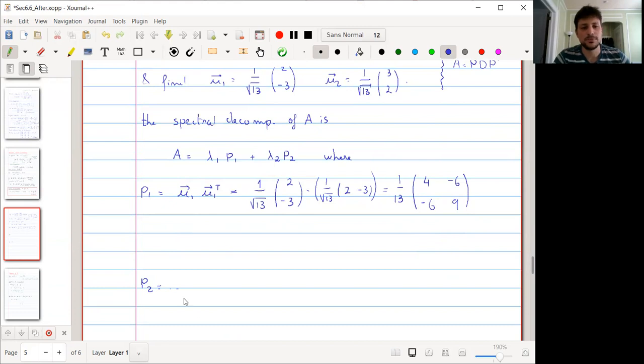Let's have a look at P2 and do the same computation. I'll have to do U2 times U2 transpose. So as before, those are both divided by √13. So I'll get 1/13 in front, and I'll multiply (3, 2) times (3, 2) transposed.